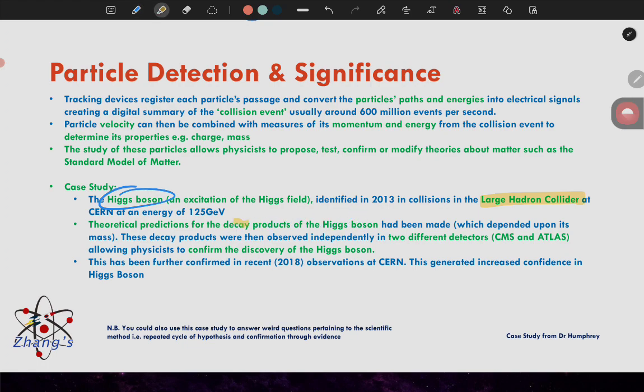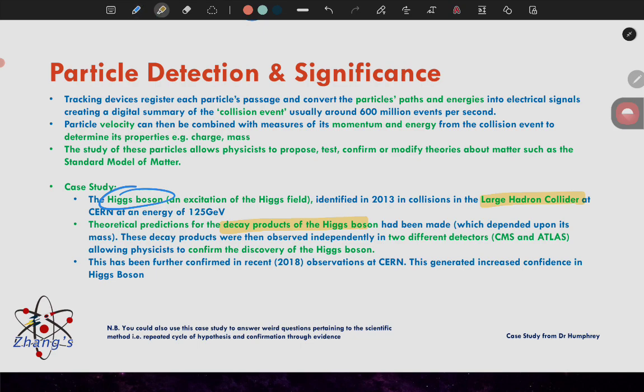These decay products are the hypothesized decay products that you would get if a Higgs boson particle had actually decayed, right? And that was something of very big significance because it provided experimental evidence that the Higgs boson that was hypothesized before did in fact exist.